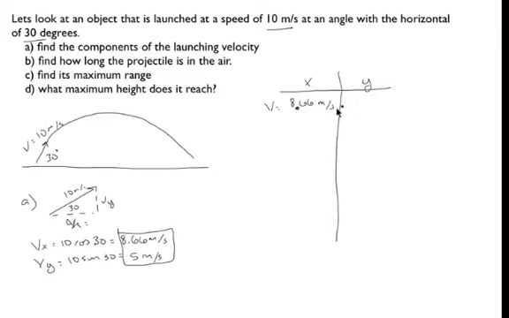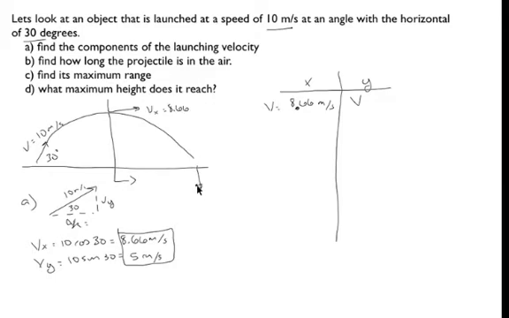And now the velocity in the y, we can find a couple of different ways. But if we look at this projectile almost as a horizontal projectile, we can look at this right half. We have a velocity in the x of 8.66, because that doesn't change.